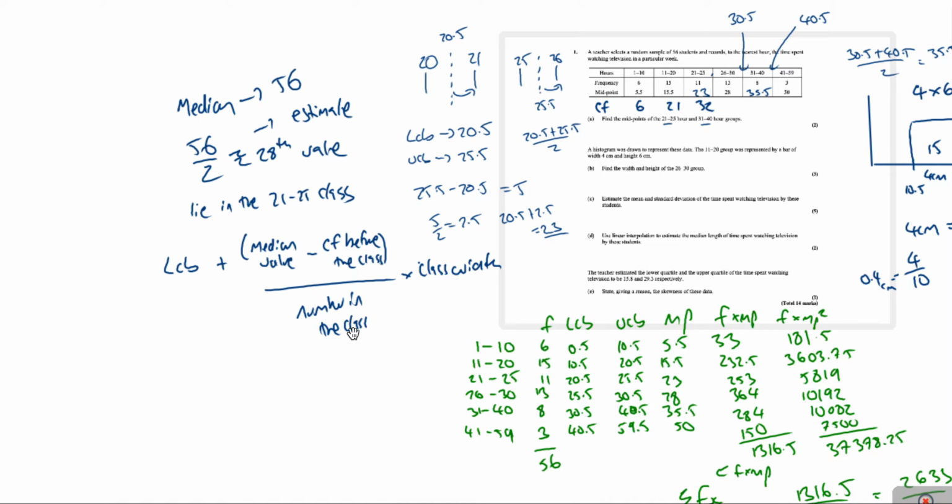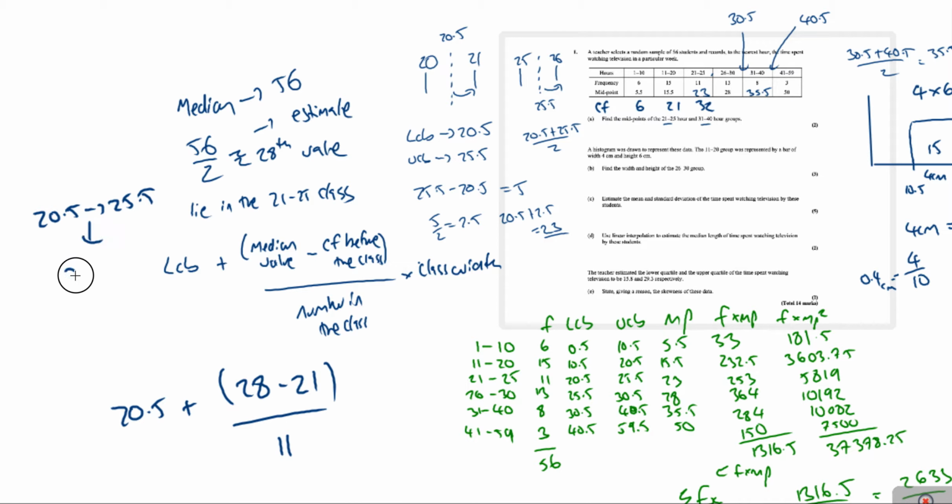So in this one, the lower class bound of the 21 to 25 class is 20.5, plus the median, which is the 28th one. The cumulative frequency before the class is 21, so 28 minus 21, divided by the number in the class, which is 11. And then the class width, remember the class width is going from 20.5 to 25.5, so it's 5. So we times that by 5.